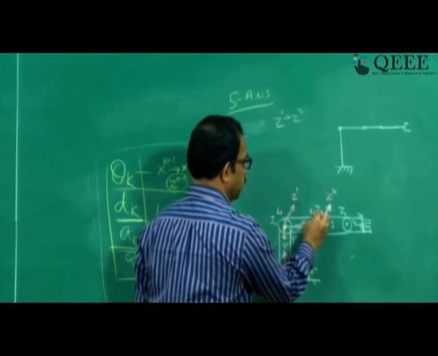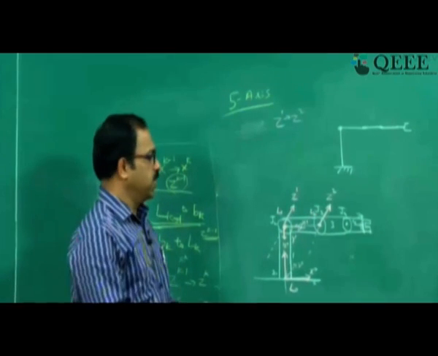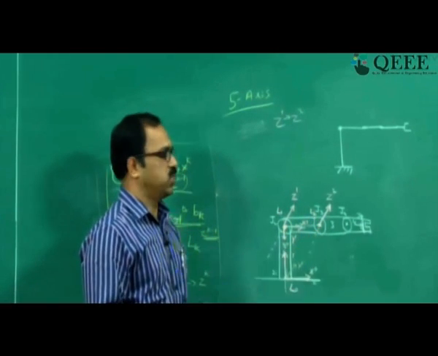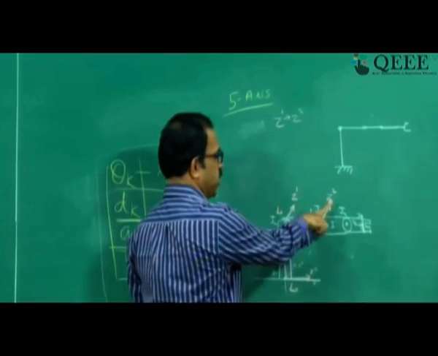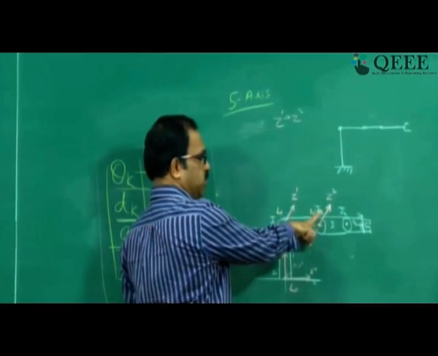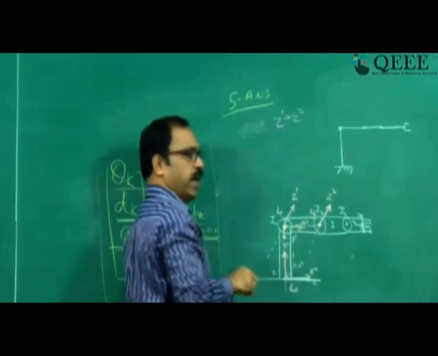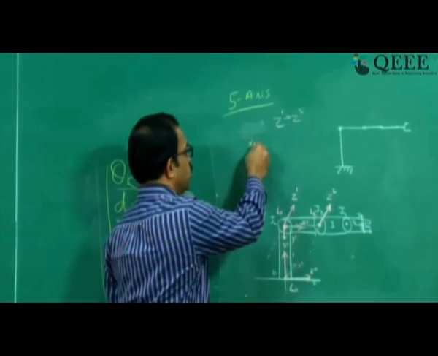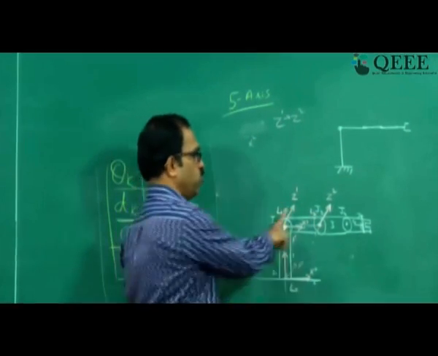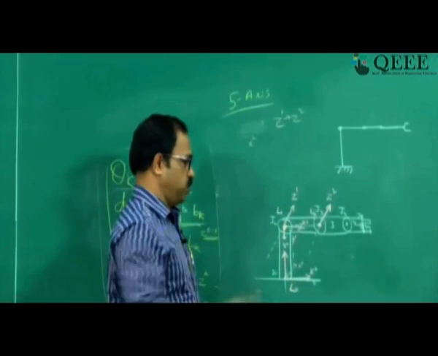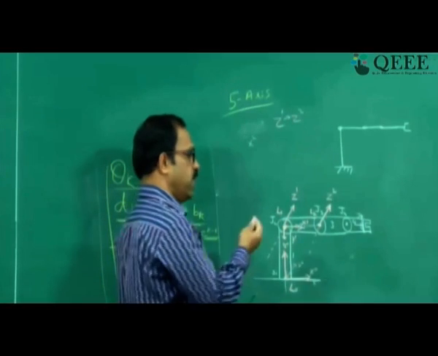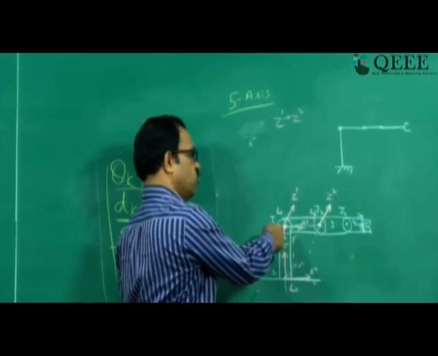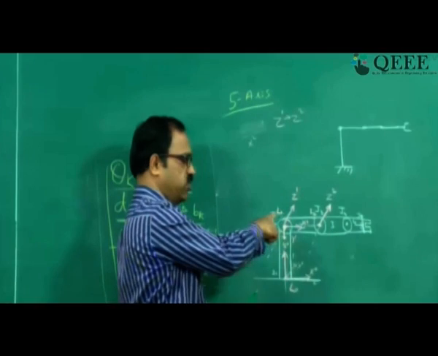This is the common normal between Z1 and Z2, and it intersects at this point, and therefore L2 will be here. So we get the origin L2 at this point. X2 should always be normal to Z1 and Z2. The other condition is that X2 should intersect with joint 2 also, like the condition I mentioned.